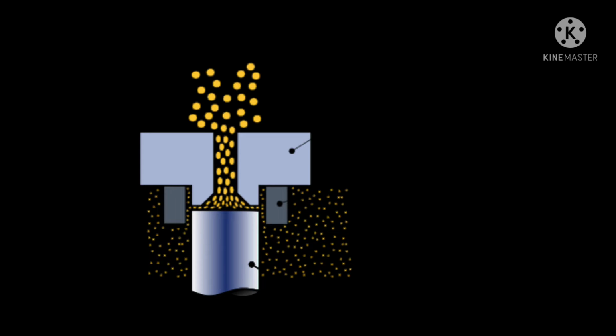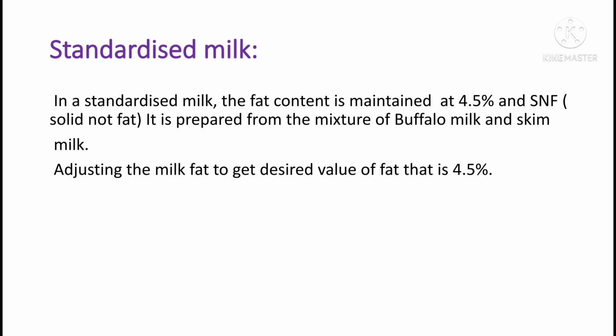You can observe in this image where the feed is passed through the homogenizer and finally the fat globules are divided into very small particles. The aim of homogenization is to divide the fat globules from larger particles to very small particles.